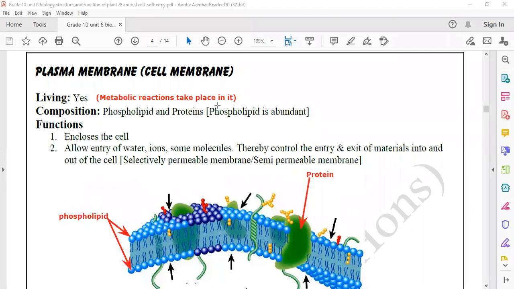So, can I say the plasma membrane does the work of the security in your school, in a cell? Right. Because its permission level is different from molecule to molecule, we call it semi-permeable or selectively permeable.